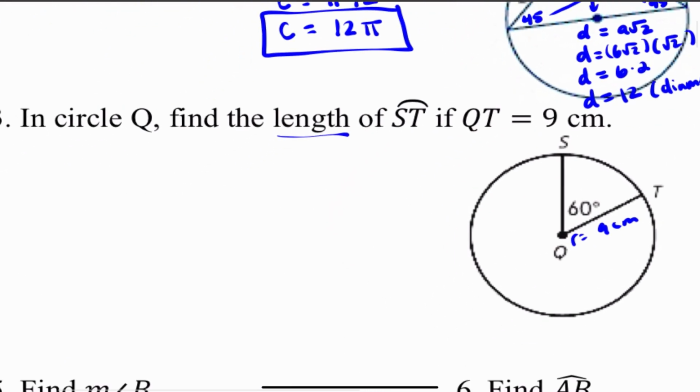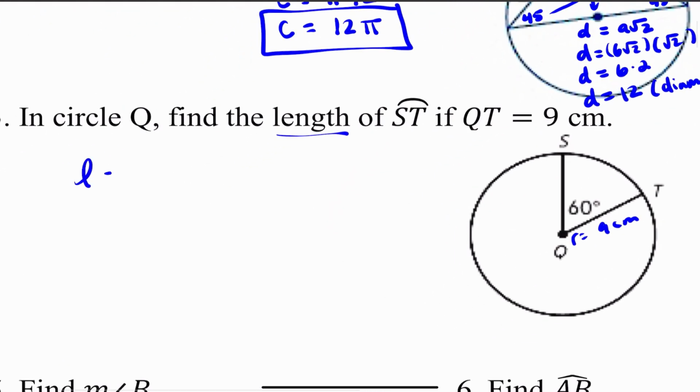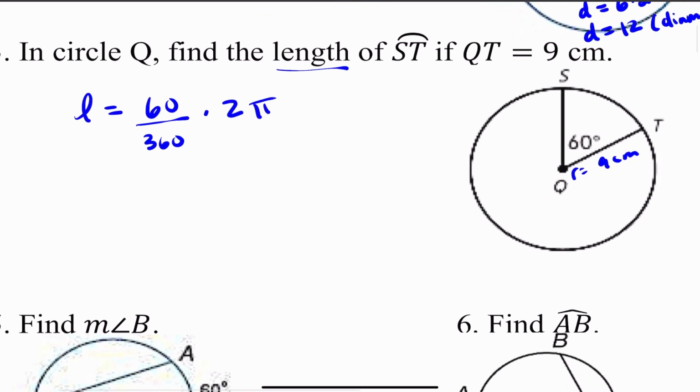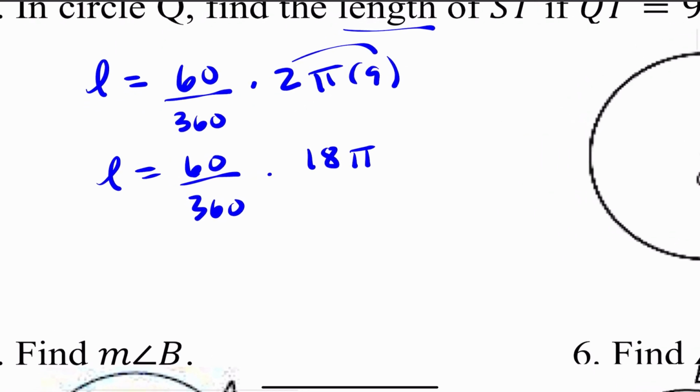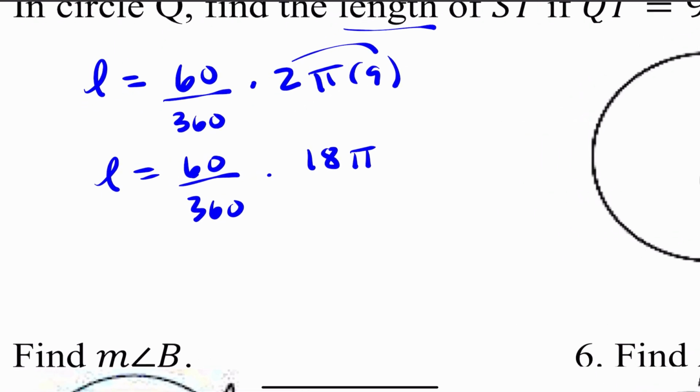Okay? So I write L equals the central angle 60 over 360 times 2 pi 9. I'm going to multiply the 2 and the 9 together. So that's going to be L equals 60 over 360 times 18 pi. And then let's do this. I'm going to get my calculator out.